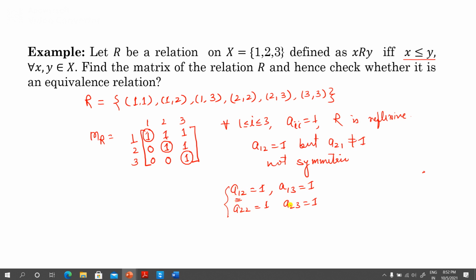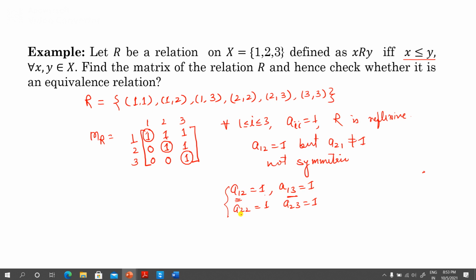Now check this and this one. a12 equal to 1, a23 equal to 1. So a13 must equal to 1. So a13 is 1, which is already given. Now check from a13 equal to 1.